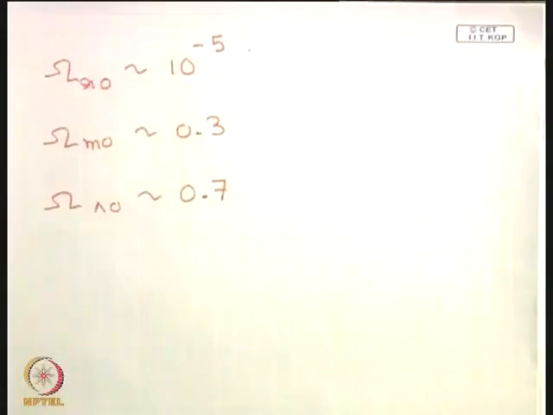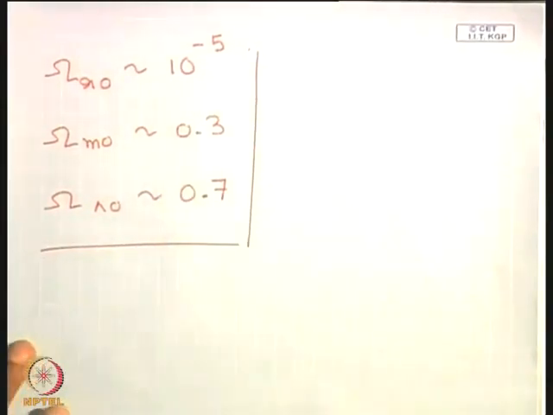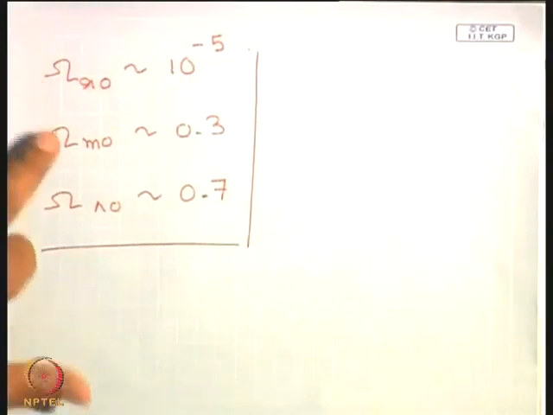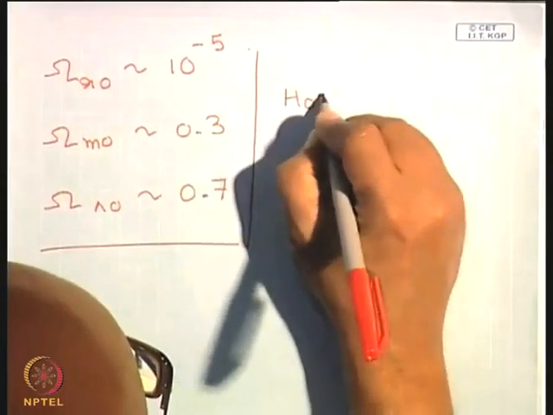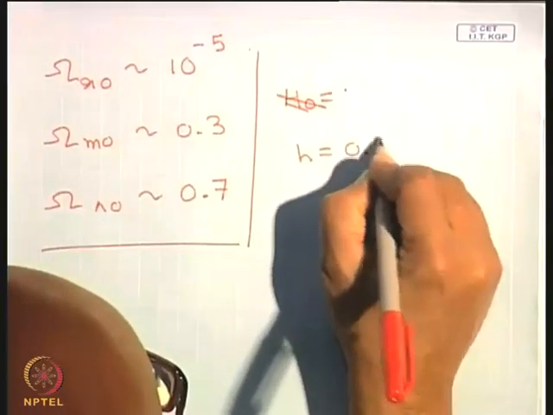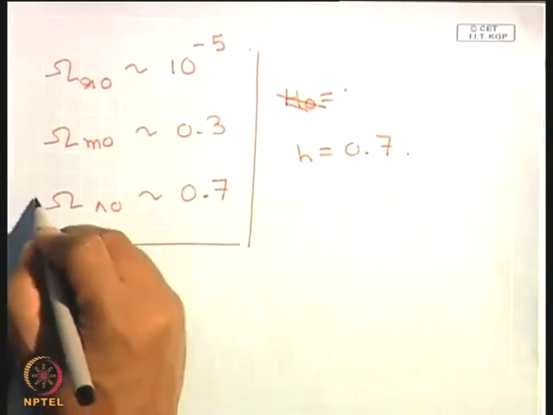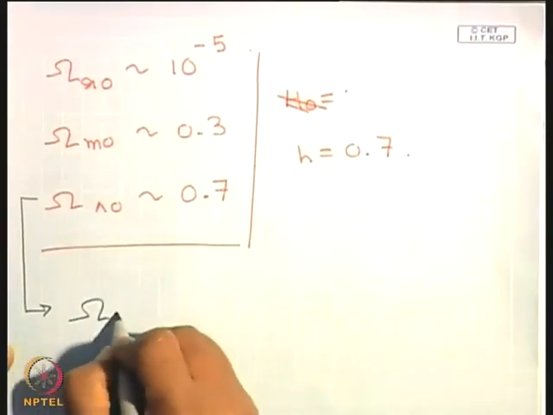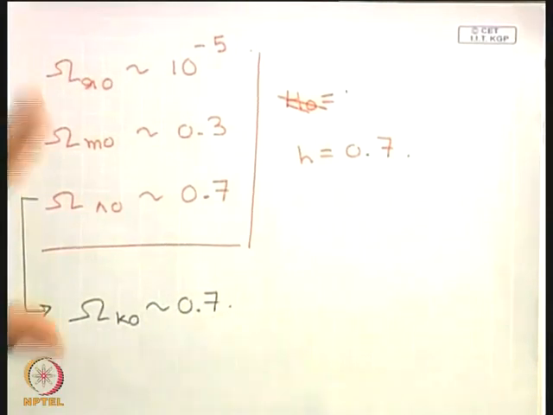This is very close to 1. Work out the behavior of the scale factor as a function of time for a cosmological model where you have these three, h naught, rather h. So this is a homework. Please work out the expansion history for a model with this. Compare it with a model where instead of this you have omega curvature naught of the order of 0.7. The total sum has to be 1, right?